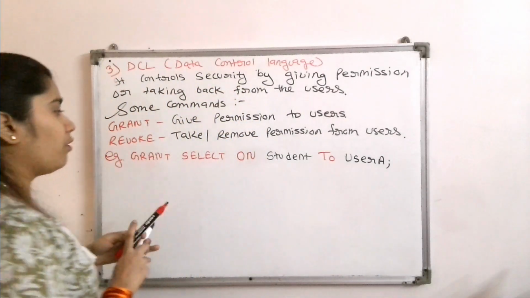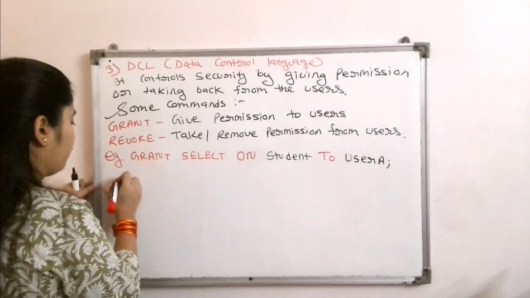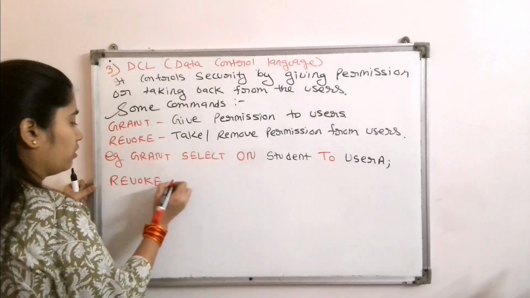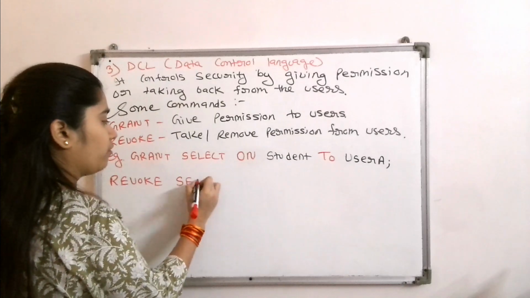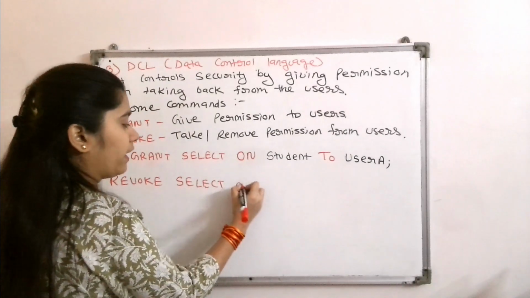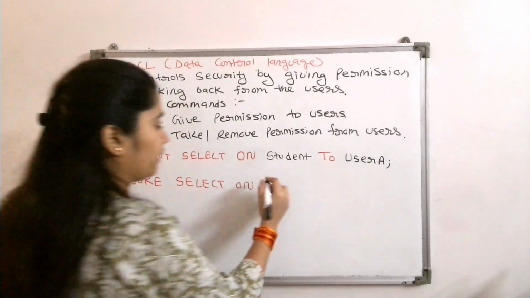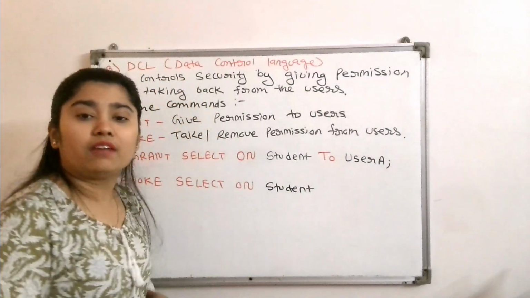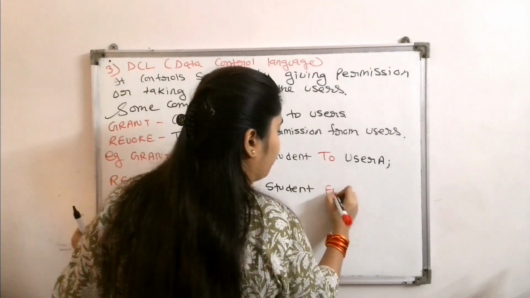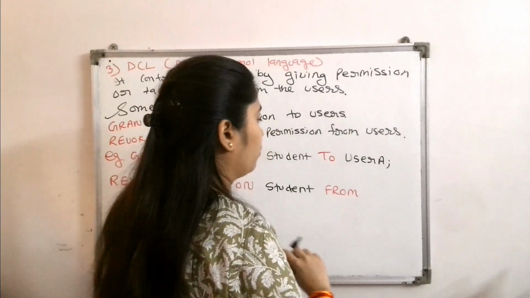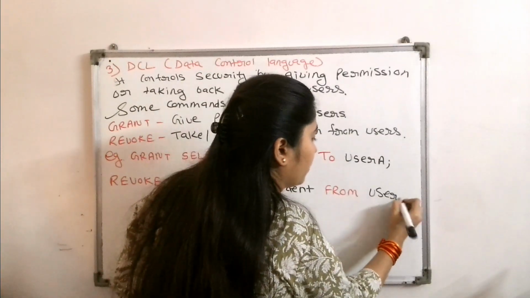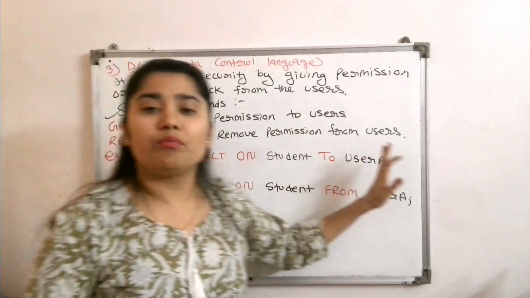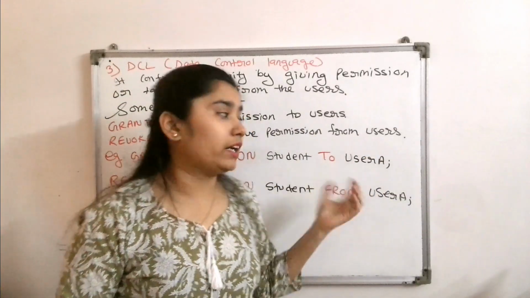Now we will see the revoke command. For the revoke command, first we will write REVOKE. Same command: REVOKE SELECT ON, then the table name, but in place of TO, we will write FROM user A. In the first query we gave the permission to user A to view the data.